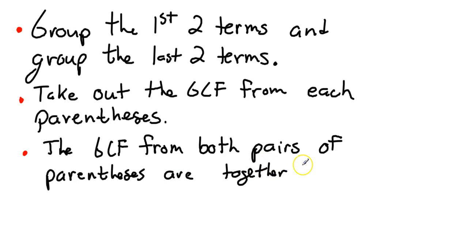I don't know if the wording is the best in the world here, but the GCF from both pairs of parentheses, because you've got the first 2 terms and the last 2 terms. Once you've found the GCF of both, those are together in one set of parentheses.